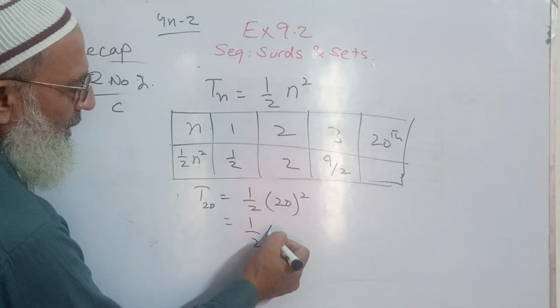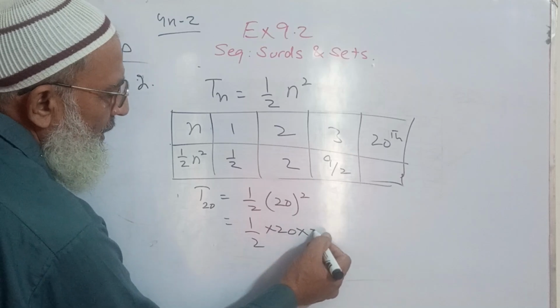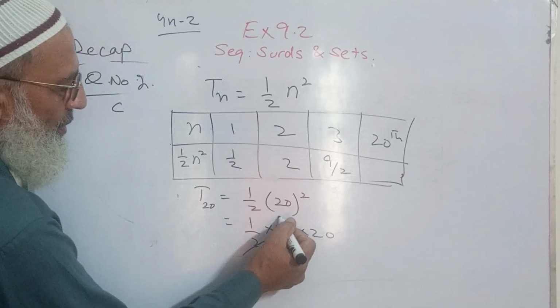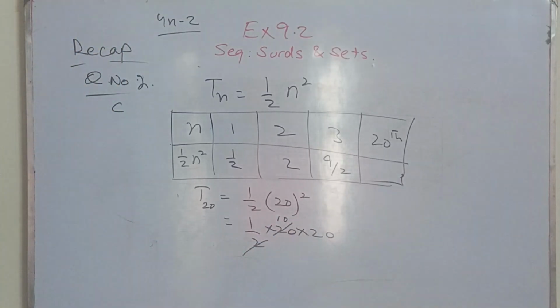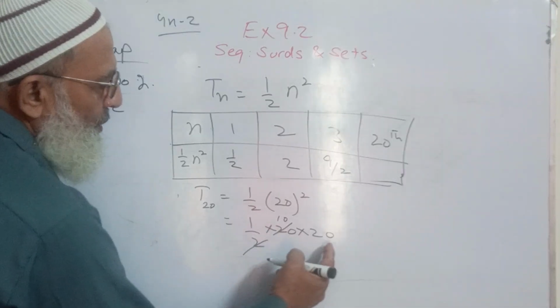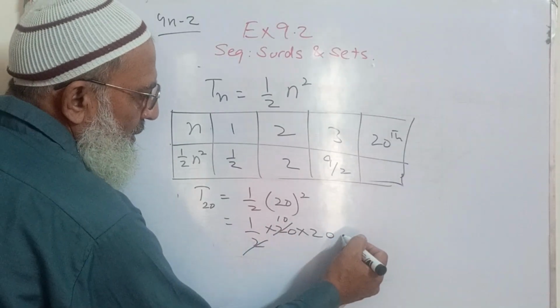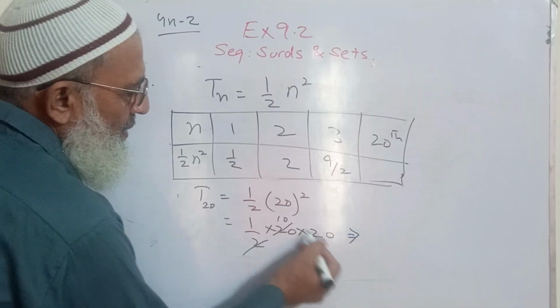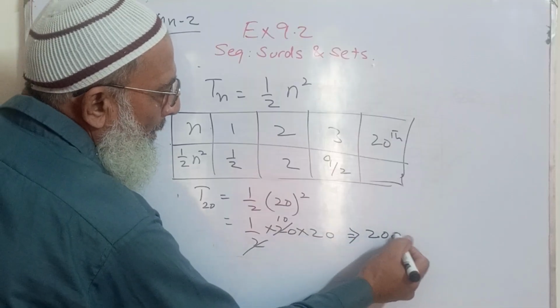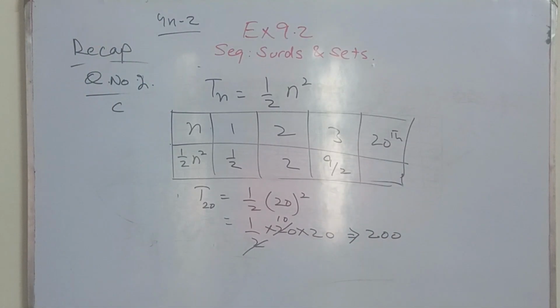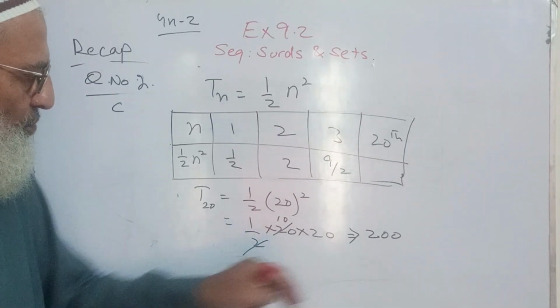The 20 whole squared is 20 multiplied by 20, which is 400. Half of this will become 200. The 20th term is 200.